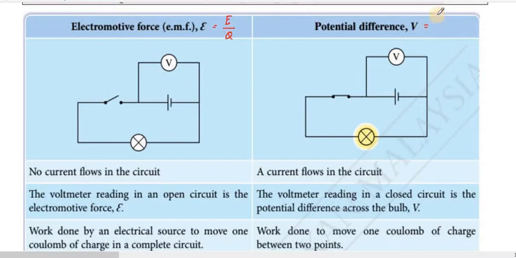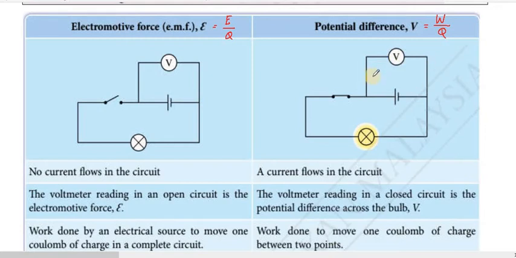Potential difference is also work done per charge. But potential difference is work done by every coulomb of charge to move from one point to another point in an electric circuit or in an electric field.